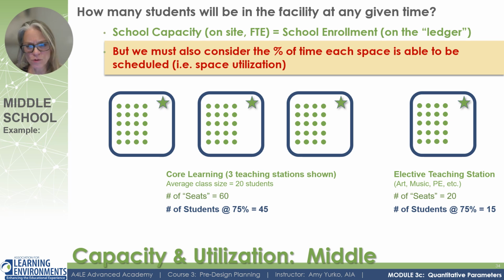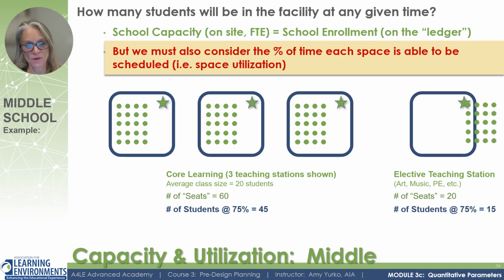In the US, a good rule of thumb is to calculate enrollment using 75 to 85% utilization for a middle school, meaning that 15 to 25% of the average school day teaching stations are either empty or used by teachers for planning prep, coordination meetings, etc.